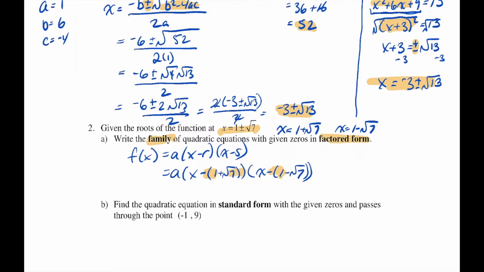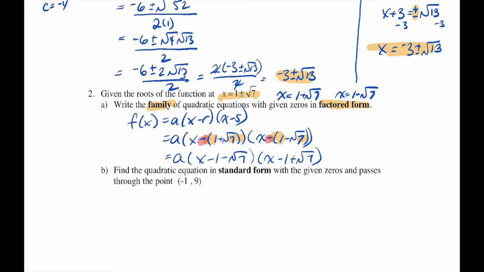We want to get rid of those brackets on the inside, so we want to distribute the negative. So here we're going to get a times x minus 1 minus root 7 and x minus 1 plus root 7. So that's the answer in factored form, and that is the family.